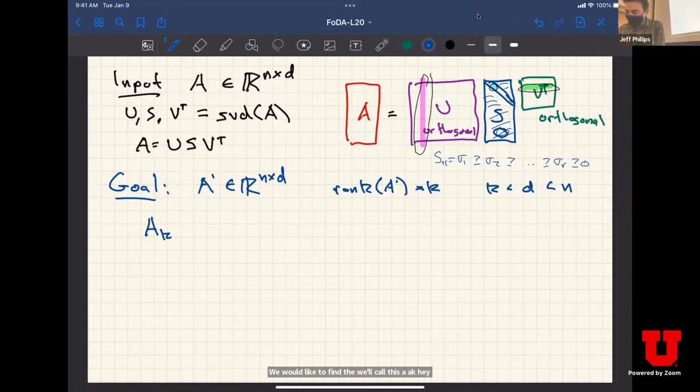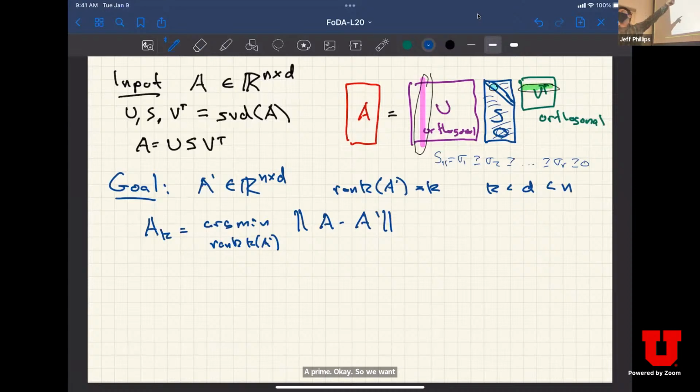A sub k is going to be the arg min over rank k matrices A prime of the norm of A minus A prime. Okay, so we want A and A prime to be as close together as possible.